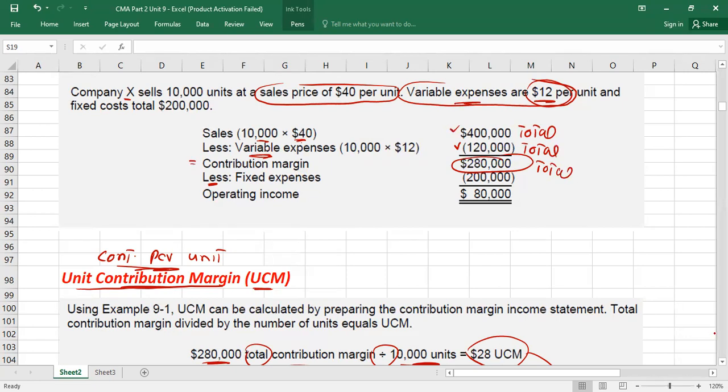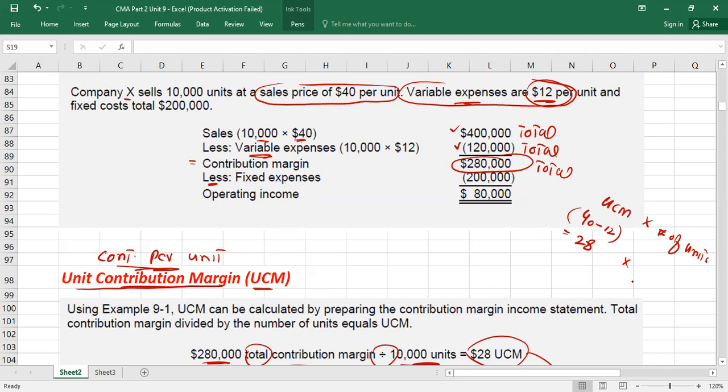There is another way to get total contribution. I can take the unit contribution margin multiplied by the number of units. We know the unit contribution margin is the sales price, 40, minus the variable cost, 12, so it is 28.